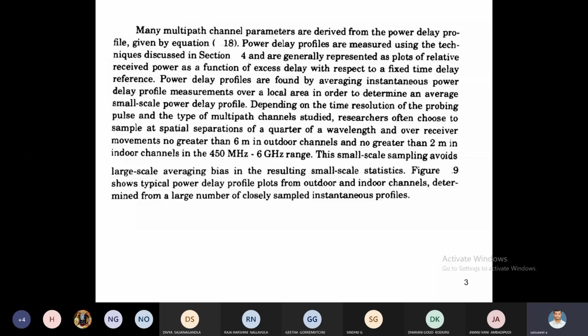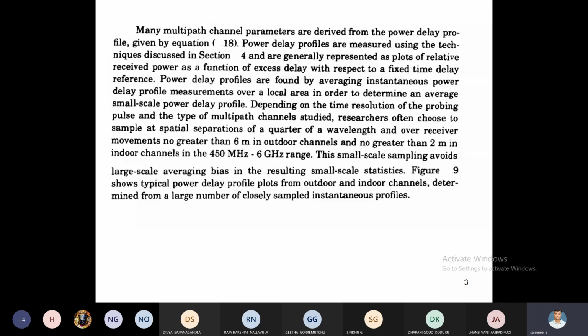But due to reflection, diffraction and scattering, we get some loss in the received signal. Signal strength decreases, that is, power changes from transmitter to receiver. That is about the power delay profile.